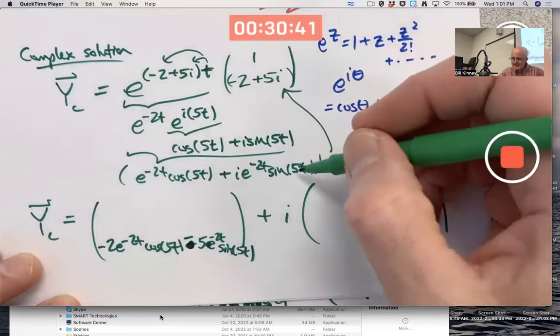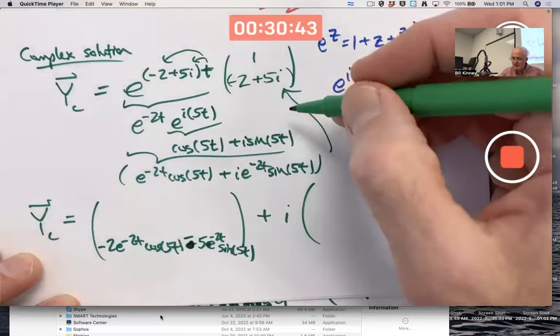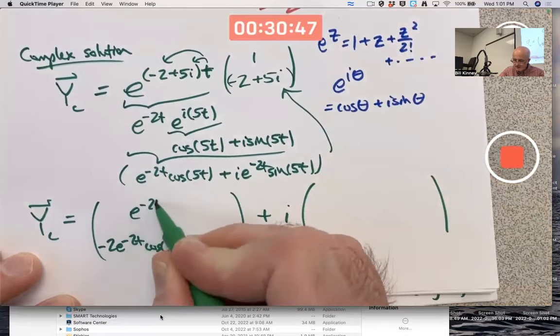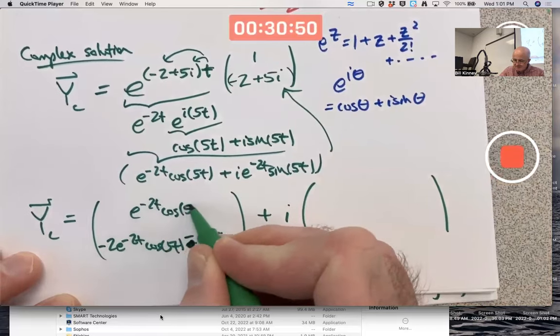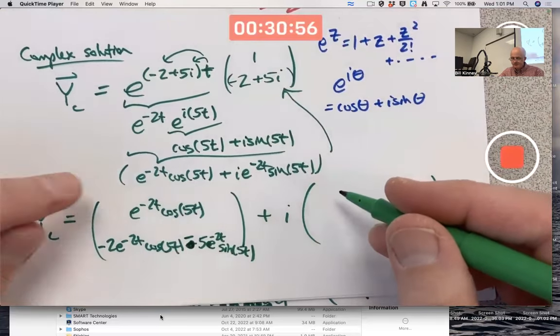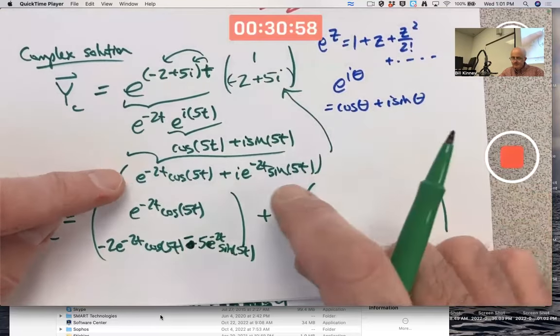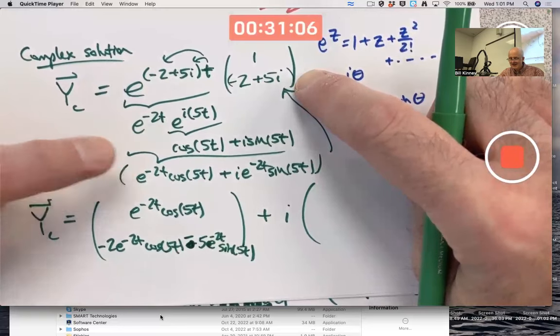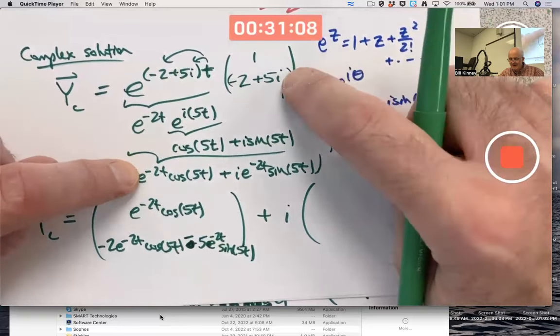With this thing times the first component, the part that doesn't involve the i is just this part, just e to the negative 2t cos 5t. What involves i? With the product of what I'm pointing at, it's the outside times the outside and the inside times the inside. Outside times outside is the product of this with 5i.